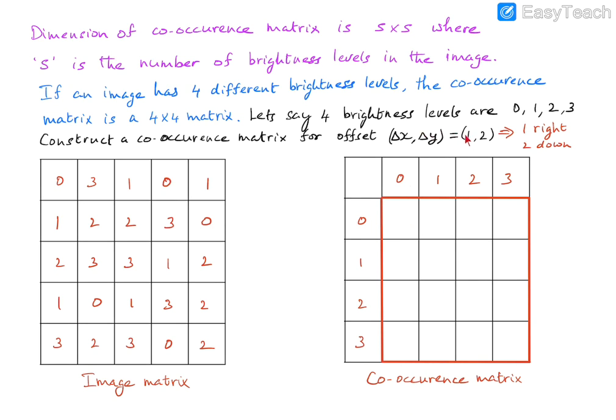The offset given here is 1, 2 in terms of delta x, delta y. That means 1 pixel right and 2 pixels down. So if we start from the first pixel and go 1 pixel right and 2 pixels down, it comes here.